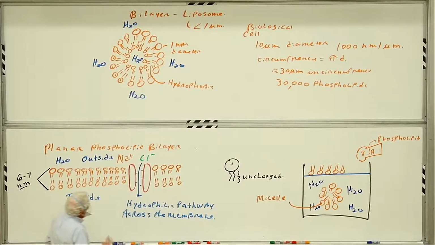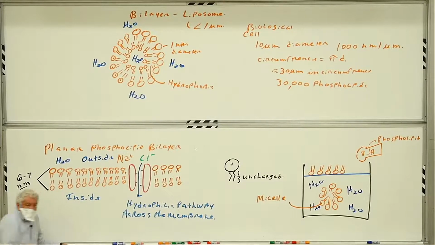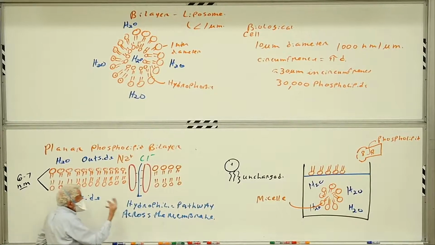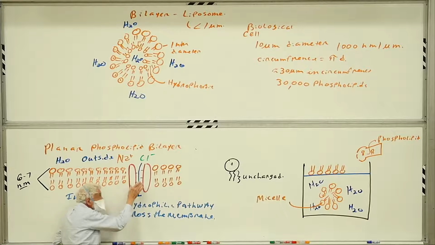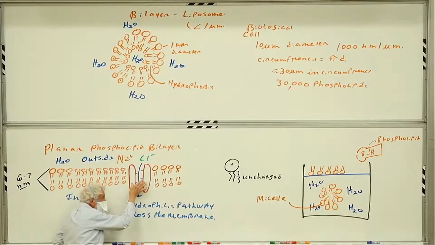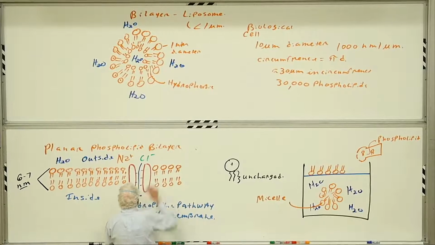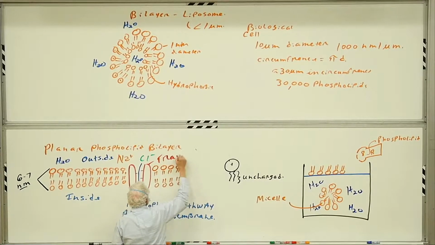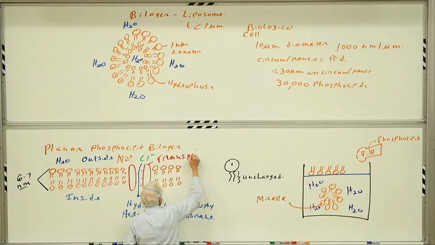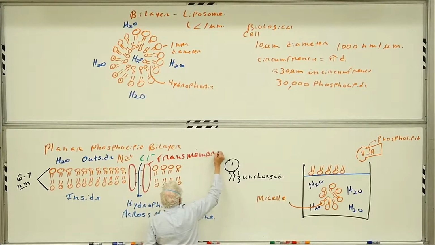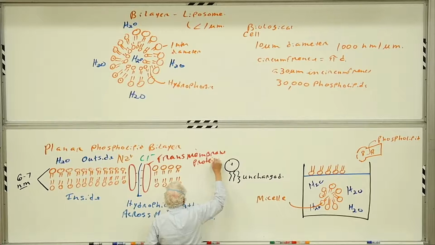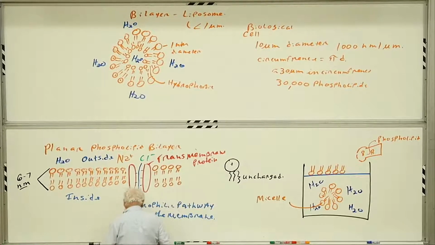This generic structure where we have a phospholipid bilayer, and periodically that phospholipid bilayer is traversed or punctuated by a transmembrane protein. Let me label this as a transmembrane protein. Trans meaning across, membrane, protein. So this is a protein that crosses the phospholipid bilayer.